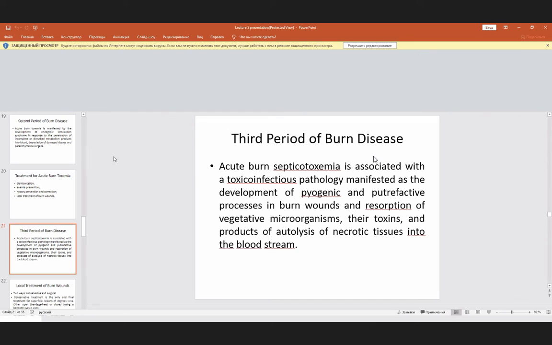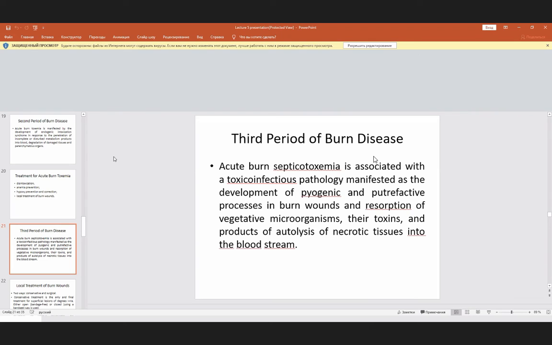Skin cover repair is performed with the help of different types of plastic surgery: free flap plastic with full thickness skin grafts, pinch grafting, combined autodermoplasty, flap covering of a wound, and so on.